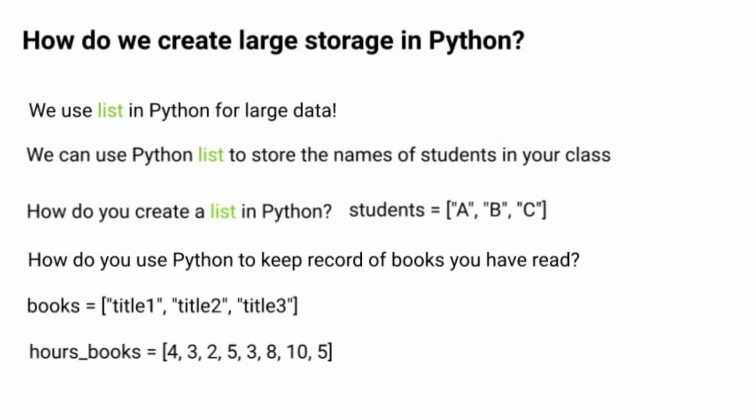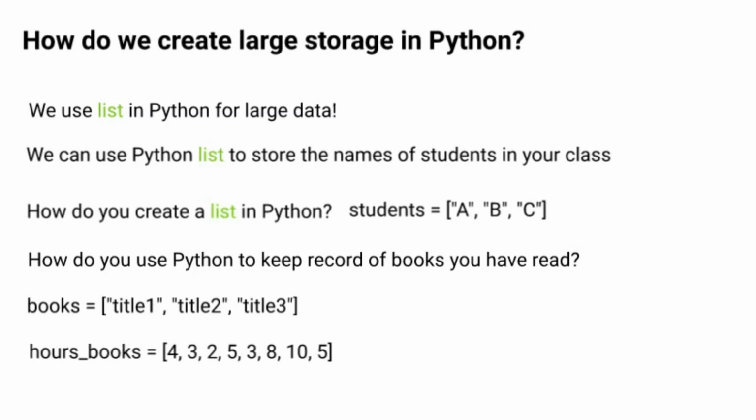So maybe for the first day in the week, like Sunday, you read your book for 4 hours, then the next one 3, 2, and something like that, right? So you see, you can use that to also keep track of any data, right? So that's how to use lists to keep all the data.